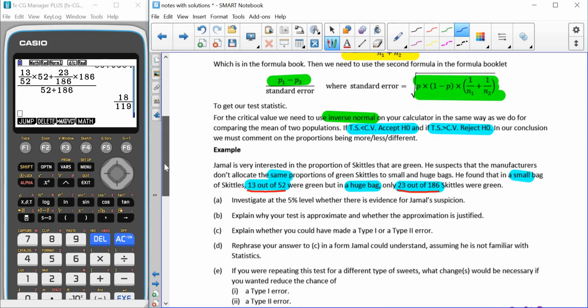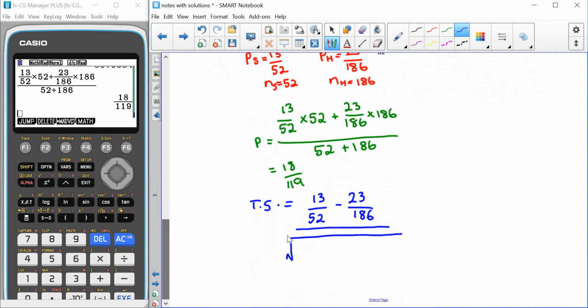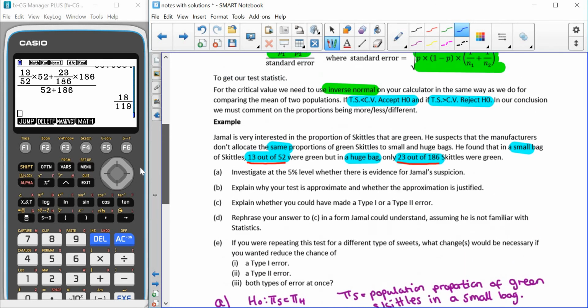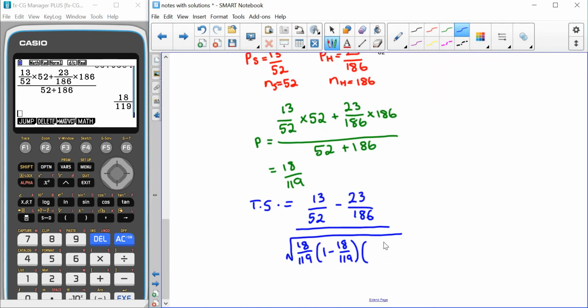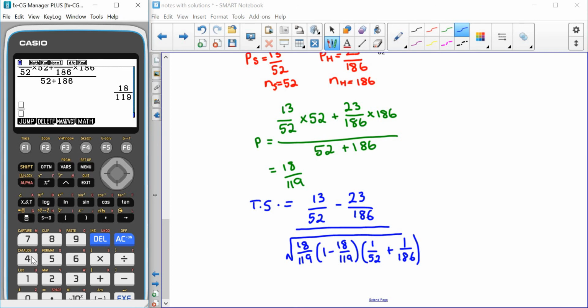So we have p, which is our 18 over 119, times 1 minus 18 over 119, times 1 over n1 plus 1 over n2. So that's 1 over 52 plus 1 over 186. And then we can put this whole thing into our calculator at once.